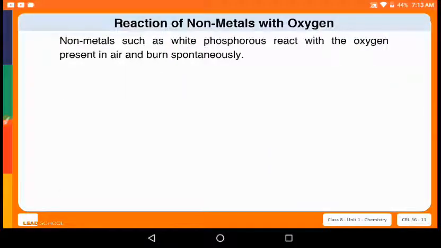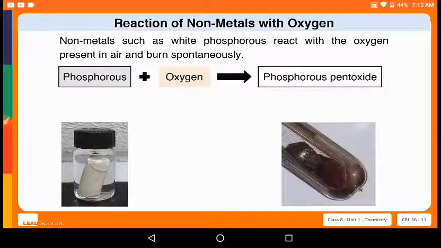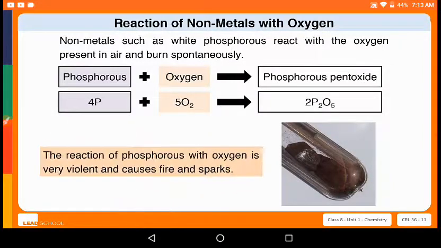Let us see another example. Nonmetals such as white phosphorus react with oxygen present in air and burn spontaneously. Phosphorus plus oxygen gives phosphorus pentoxide, or 4P plus 5O2 gives 2P2O5. The reaction of phosphorus with oxygen is very violent.